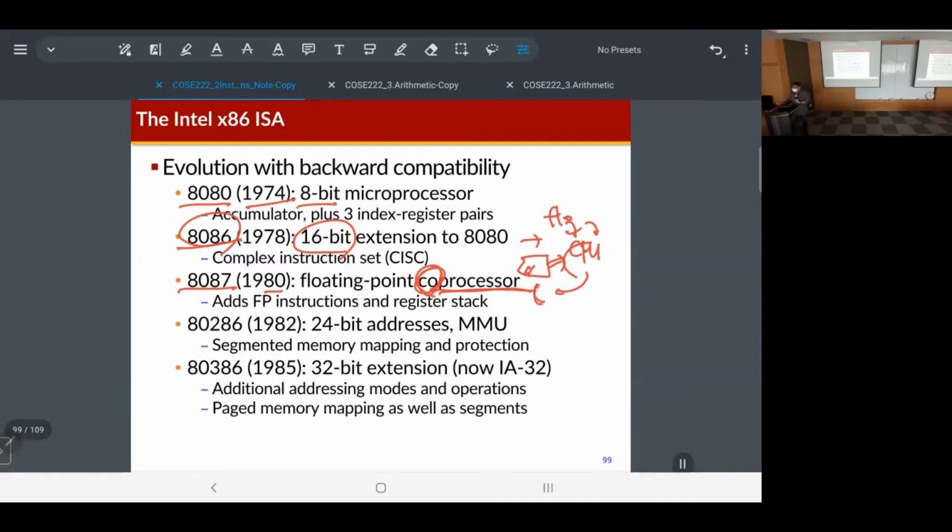So it's very similar to the GPU, because currently the CPU is the main processor, but for gaming or image processing, we use GPUs. But GPUs are coprocessors, not a main processor. What's interesting is that in 1980, floating point units were computed by coprocessors. Okay, so it's very interesting.